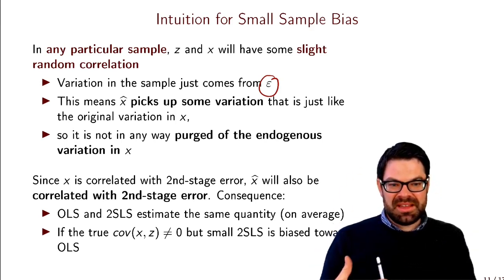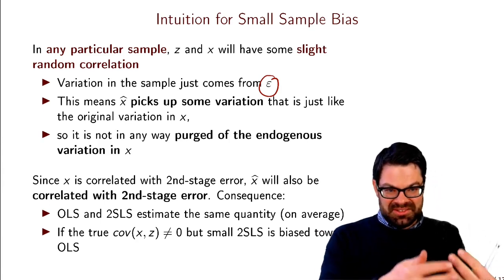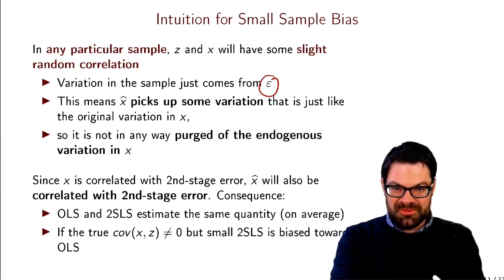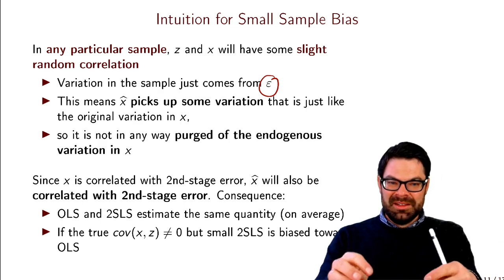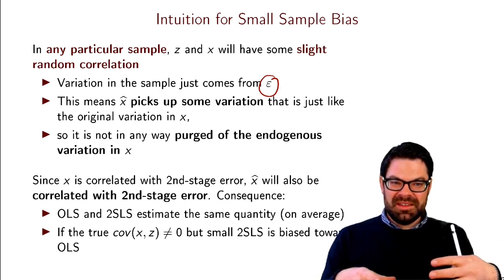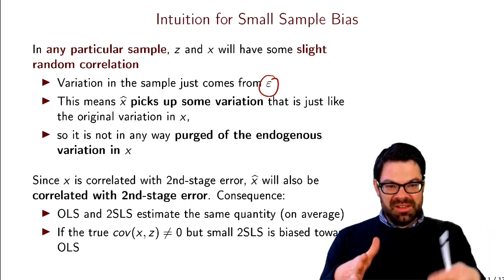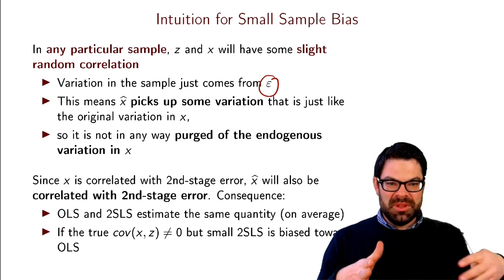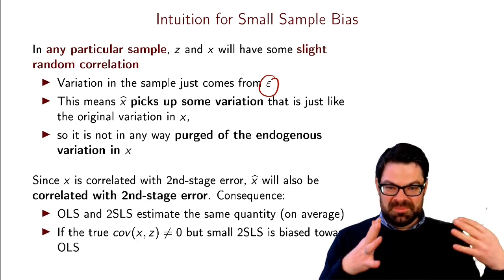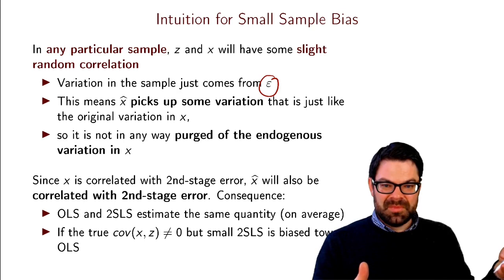And so this means that even if your instrument is valid in theory in a sample that goes to infinity, in your small sample, the exclusion restriction may still be invalid, or may still be violated.